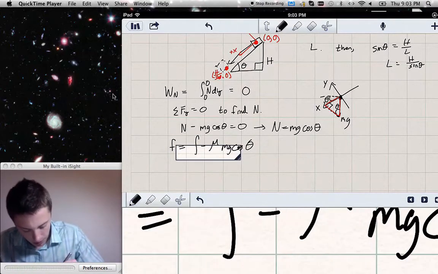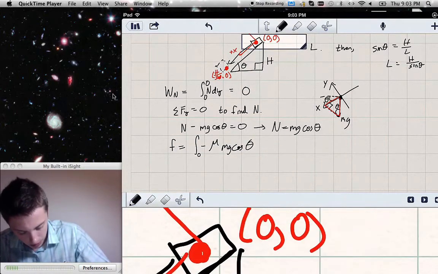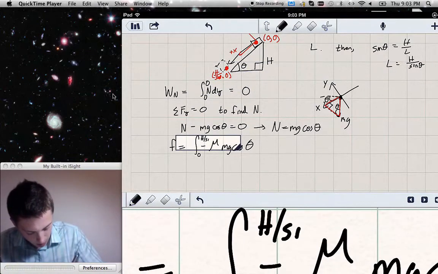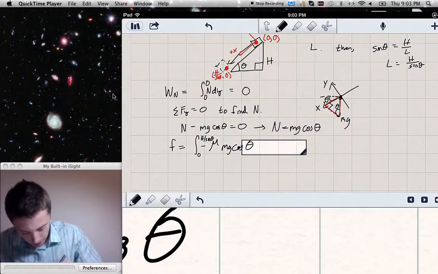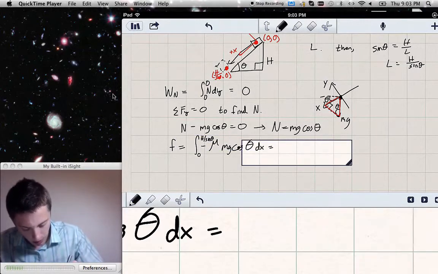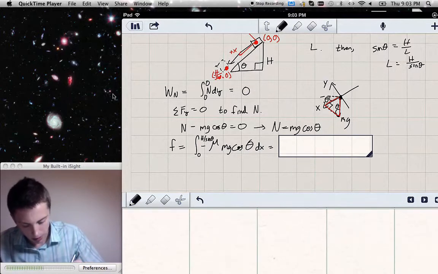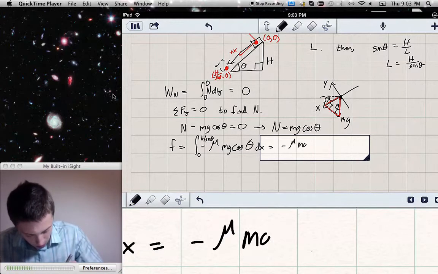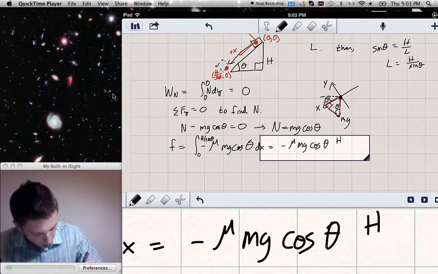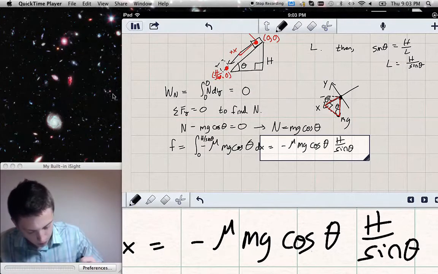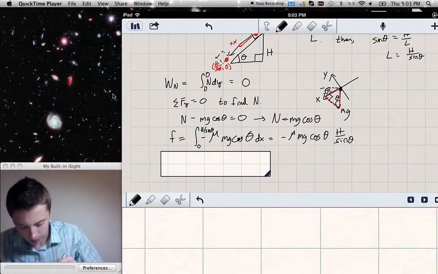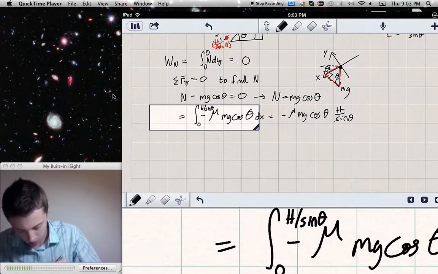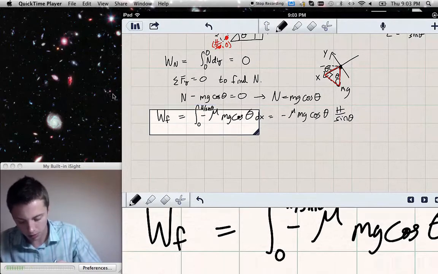And then we're going from our initial x coordinate, which is 0, to our final x coordinate, which is h over sine theta, dx, and this integral is just a constant integrated over x, so we're just going to get negative mu mg cosine theta h over sine theta. And lastly, that's the work done by friction. This is going to be called WF for the work done by friction.